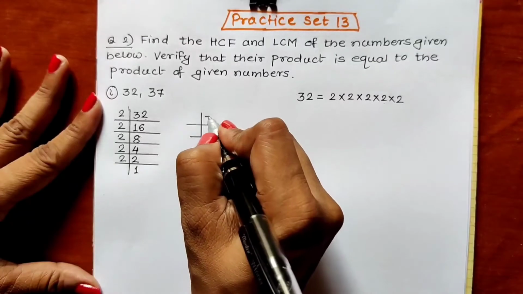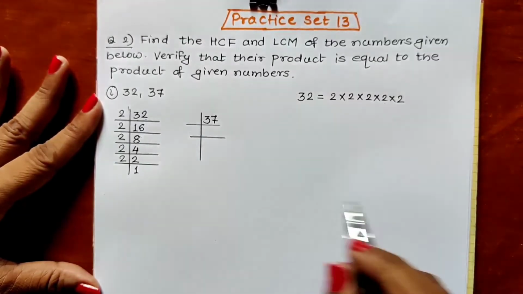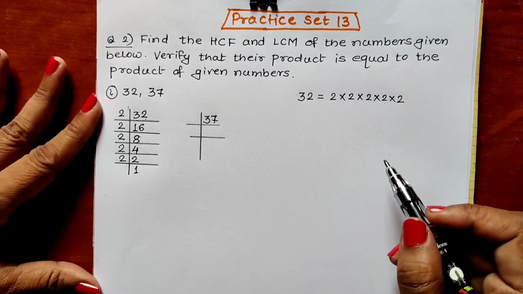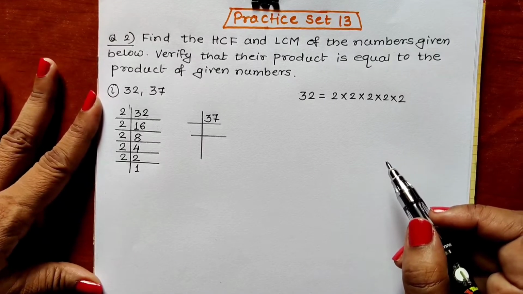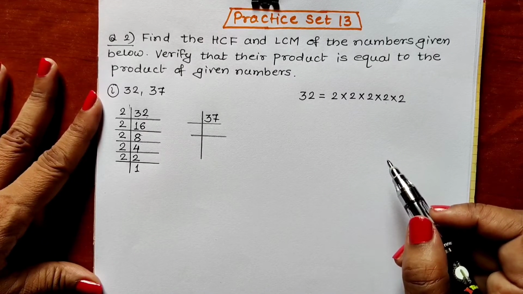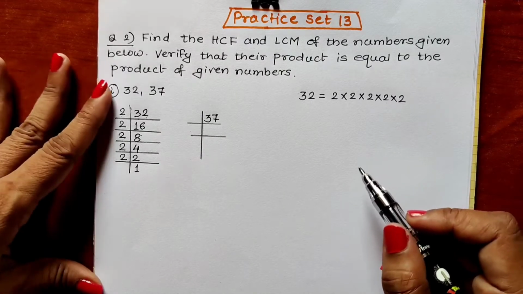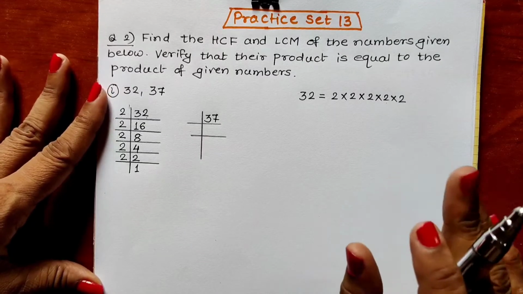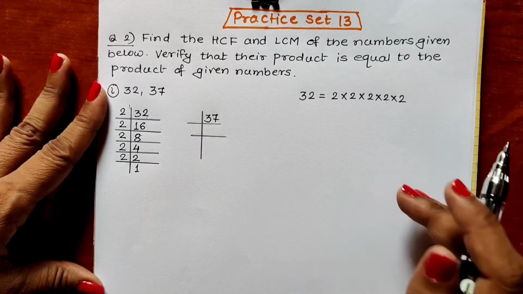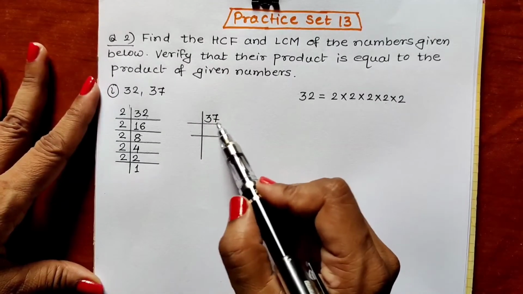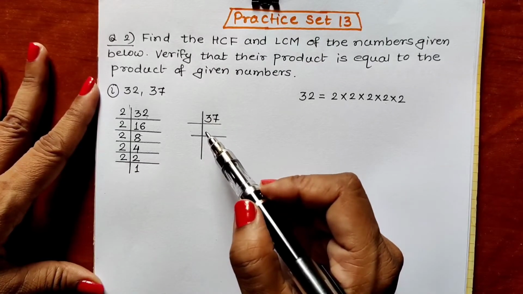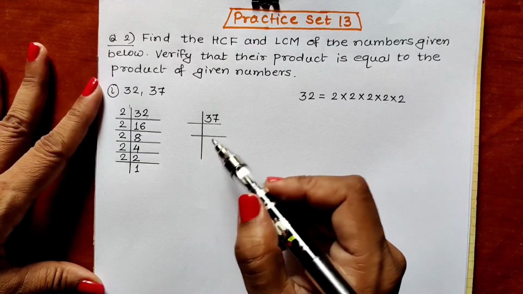Now let us find the factors of 37. Children, I told you all to at least remember by heart the prime numbers from 1 to 100. If you observe this number 37, you will immediately know that 37 is a prime number.